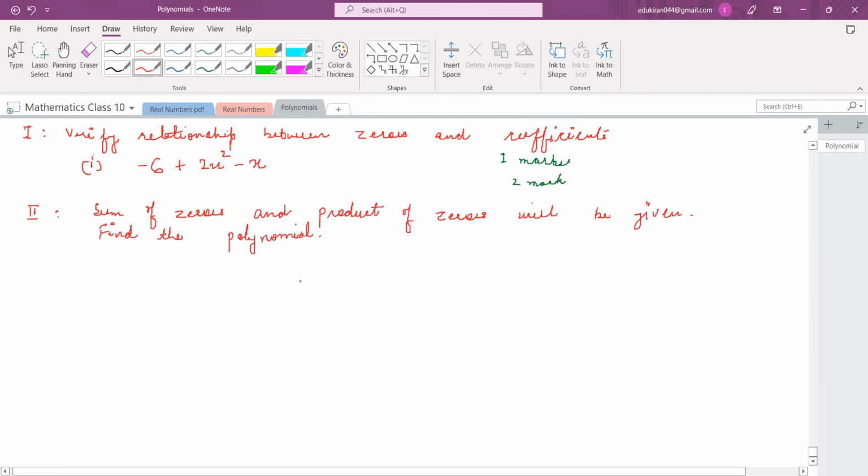If only this much is asked, it will be asked in 1 mark. And if he adds something, for example, hence find the zeros, like after finding the polynomial, you have to solve it to find its zeros also, it can be converted into a 2 mark question. Fine. So 1 or 2 mark question.